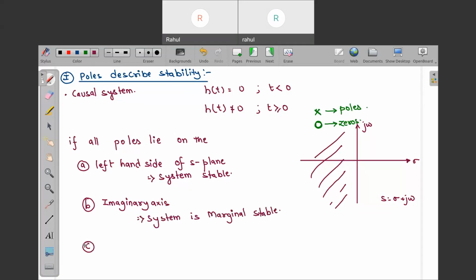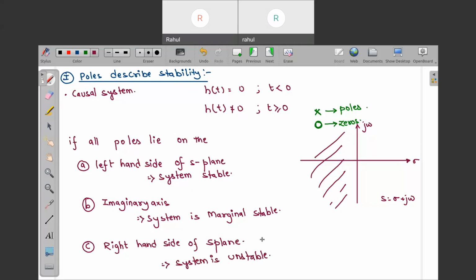And if your poles are on the right hand side of the S plane, then the system is unstable.